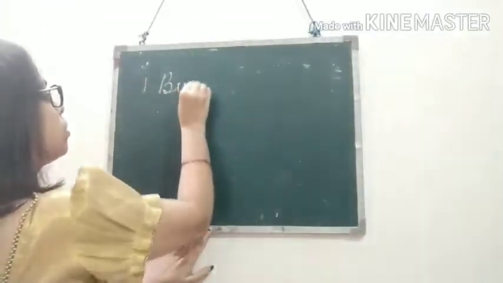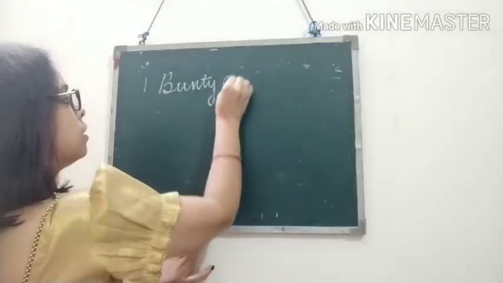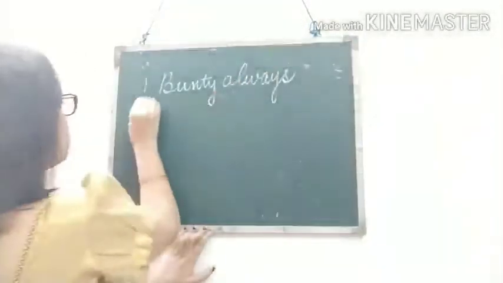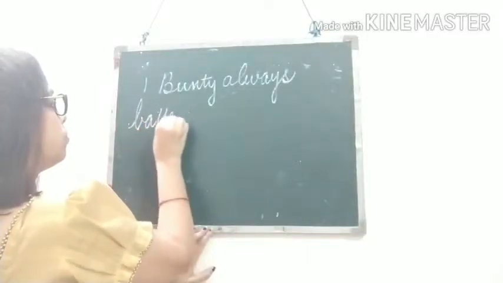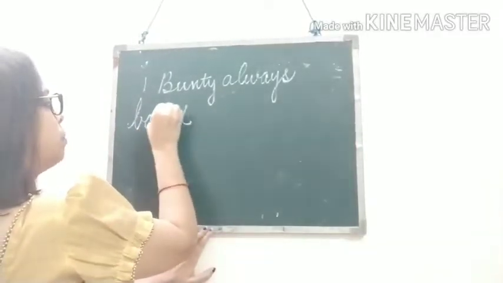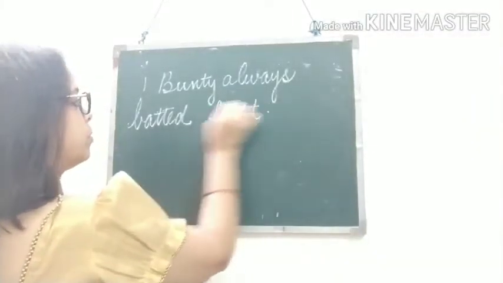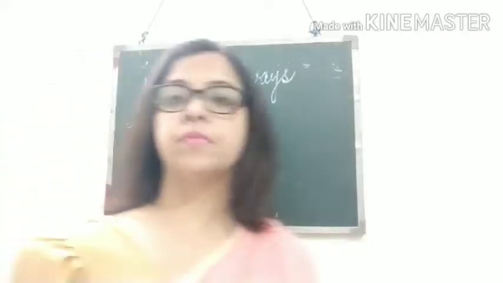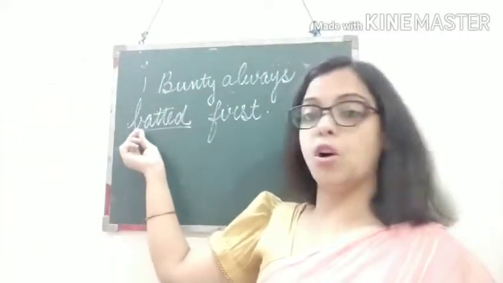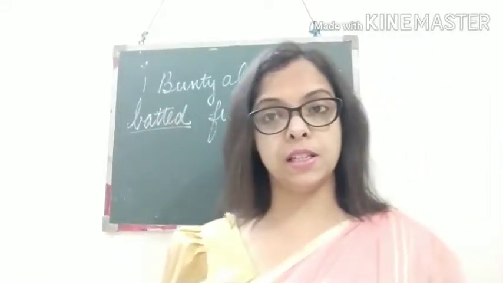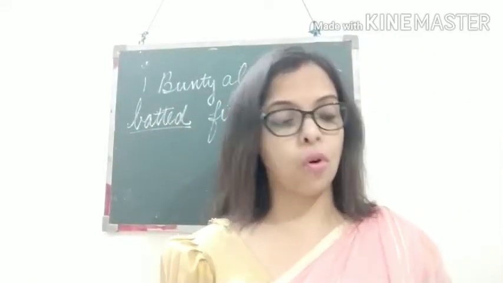So you will write the first one as Bunty always batted first. Okay, so this is the verb that has now become past tense. So likewise you will write all the sentences in the rewrite form.